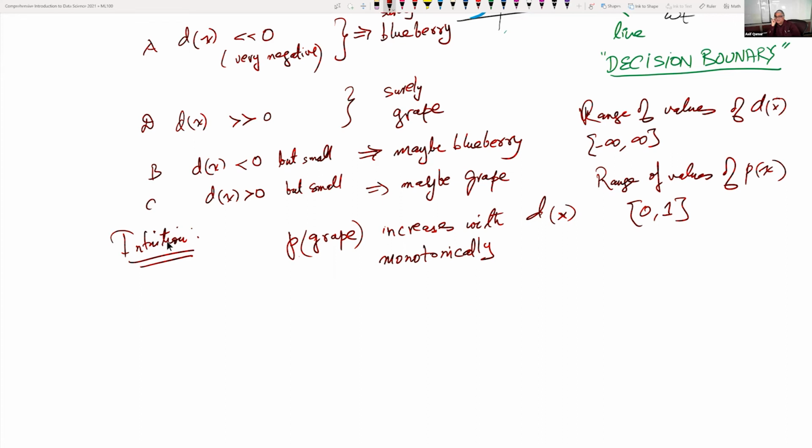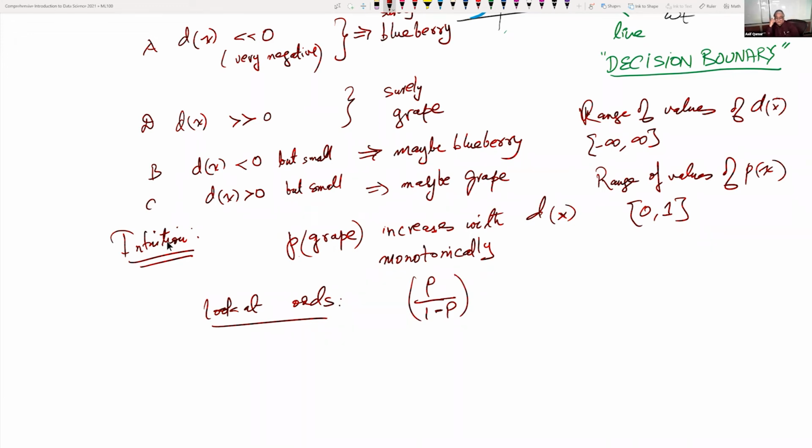We already remember, now look at odds. We already encountered odds. Odds was P over 1 minus P: probability of something happening versus probability of it not happening.